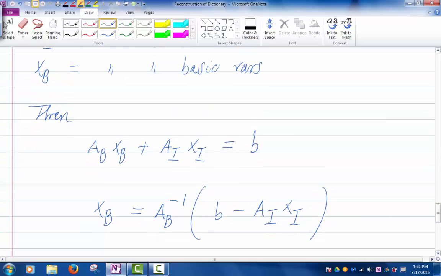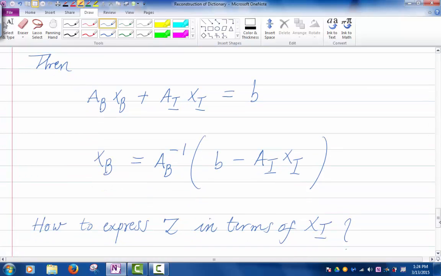And from there I can easily solve for xb. So xb would be b minus AI times xi, multiplied by AB inverse. Is everybody clear? Right? So once I have solved for xb, I get the dictionary, except for one thing.